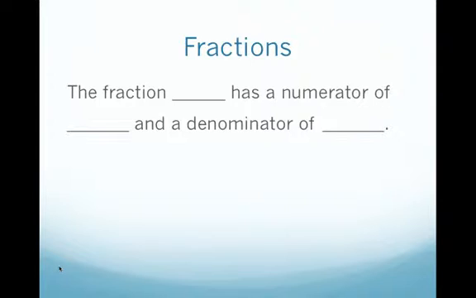Sentence frame number 2. The fraction blank has a numerator of blank and a denominator of blank. In the first blank, you're going to put a fraction. In the second blank, you're going to put the numerator, which remember is the top number. And then in the third blank, you're going to put the denominator, which is, of course, the bottom number.